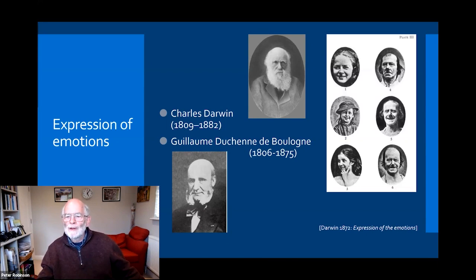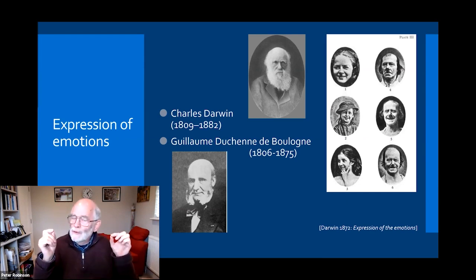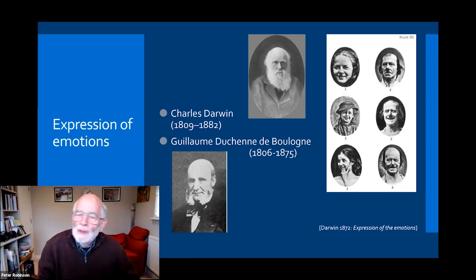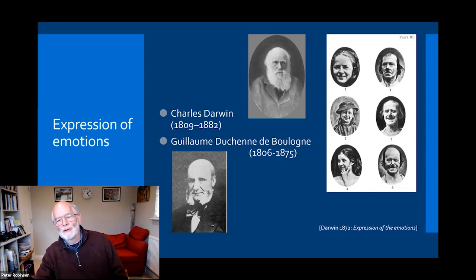And you see a neutral expression at the top, him with a natural smile, insofar as he could smile naturally, not having any teeth, in the middle, having been told a joke. And in the bottom picture, Duchenne had attached electrodes to the muscles in his face to force a smile to see if that amused him. It didn't, but it was an experiment that had to be done. And the photographs on the left are from Darwin's own collection.